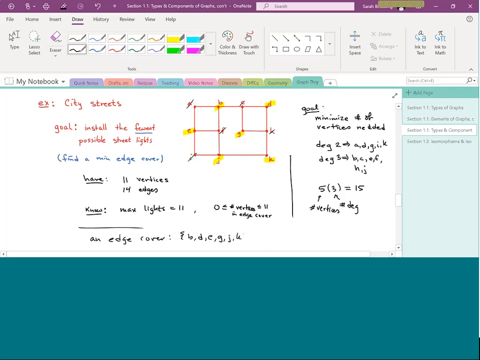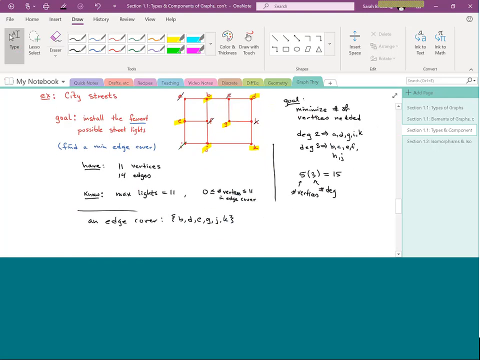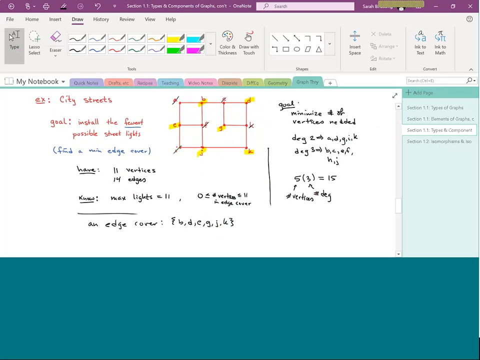How many vertices did we think would be in our edge cover, or in our minimal edge cover? We were hypothesizing that we should only have 5. So what we just found is this is legitimately and totally fine as an edge cover, but it is not a minimal edge cover. It does turn out that you can totally get a minimal edge cover that has only 5 vertices. So let's go back to the graph up here and find the one that's actually a minimal edge cover.